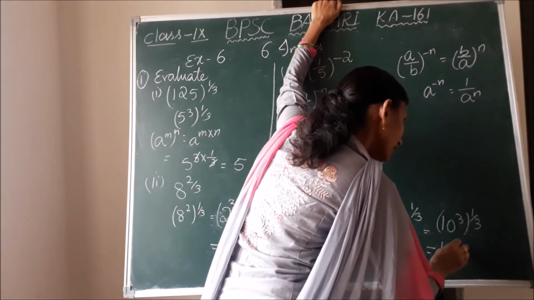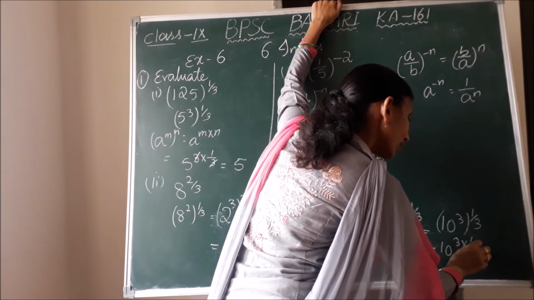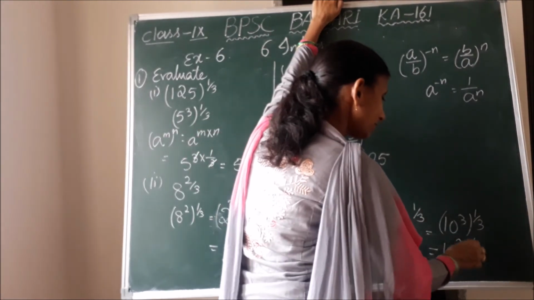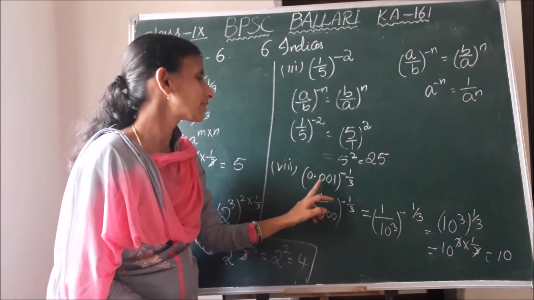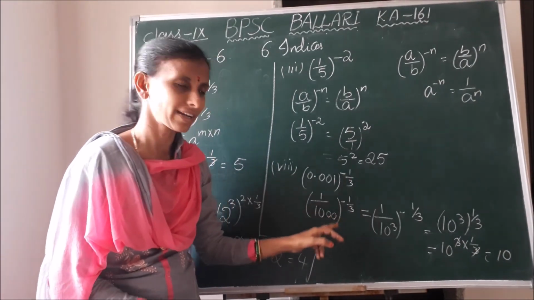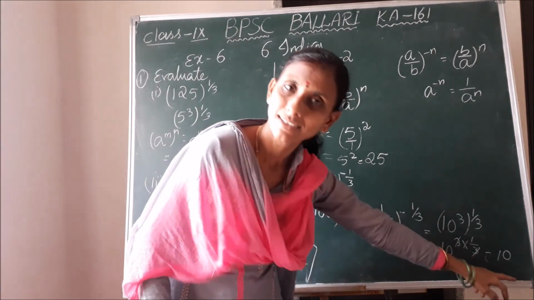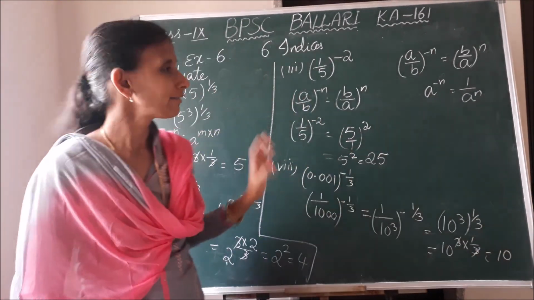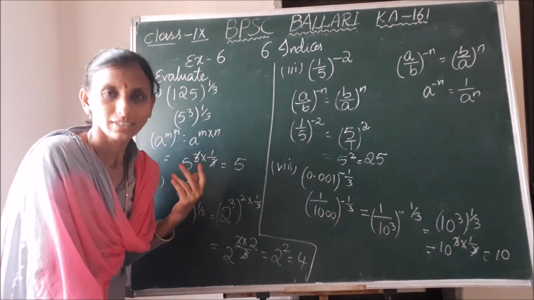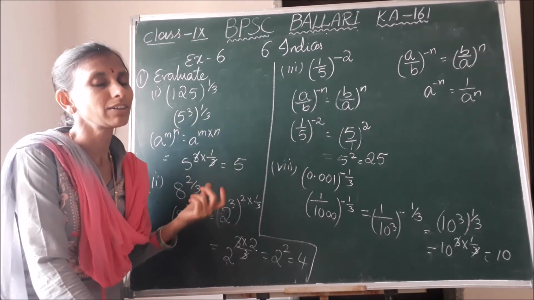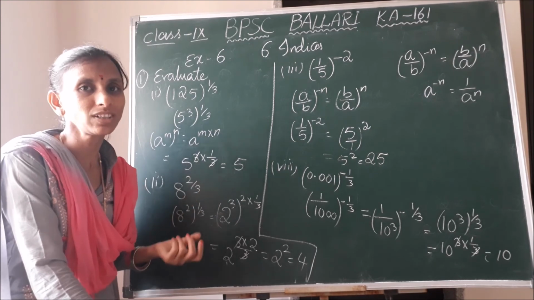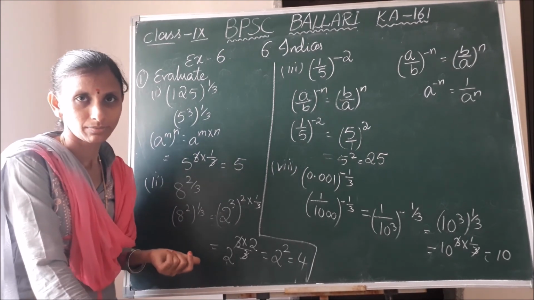So what happens? 10 power 3 into 1 by 3. It becomes 10. So the value of 0.001 whole power minus 1 by 3 is 10. So this is how we will find the indices values. This is how we simplify, in which the powers are rational, that too with a negative.